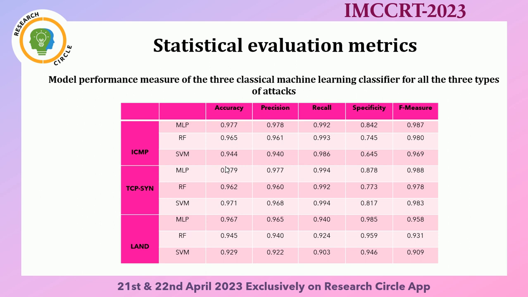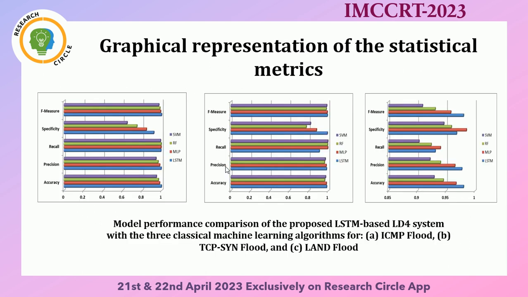In case of ICMP, we have used MLP, RF, and SVM, and the same three methodologies are used in TCP-SYN and LAN as well. It is the graphical representation of the statistical metrics. The leftmost is the ICMP flooding, the middle is TCP-SYN flooding, and the right one is the LAN flooding.